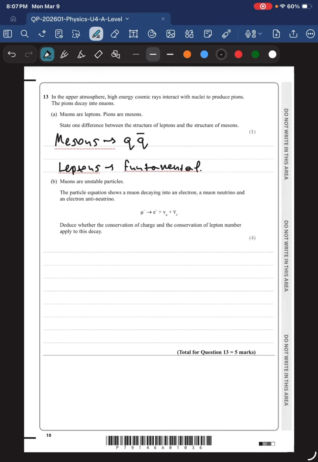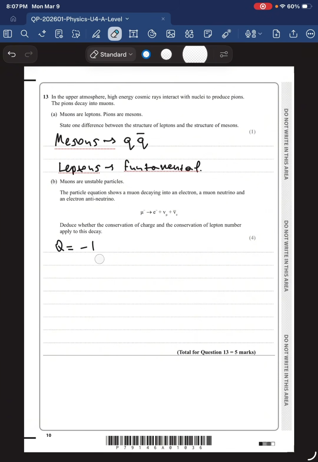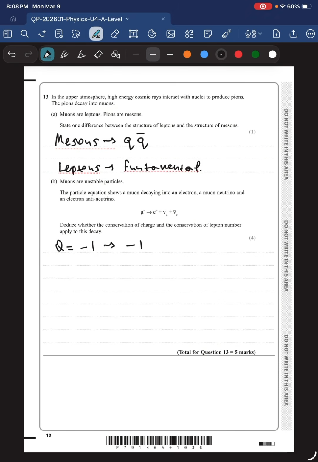Okay, so let's start with charge. We have -1, meaning the charge of one electron, and we go to a charge of -1. The neutrinos do not have charge, so that's okay.